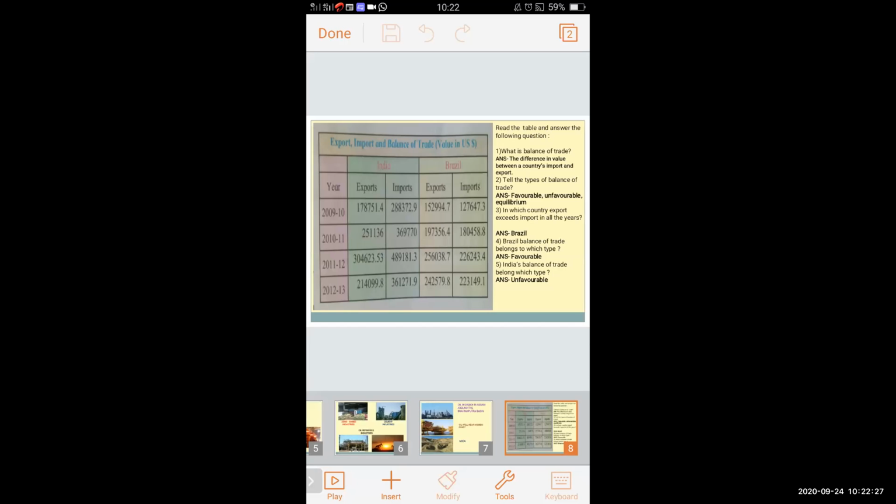The fifth question they have asked: India's balance of trade belongs to which type? India's balance of trade is unfavorable. Why is it so? Because India's export is less and the import is more. India exports less and imports more.